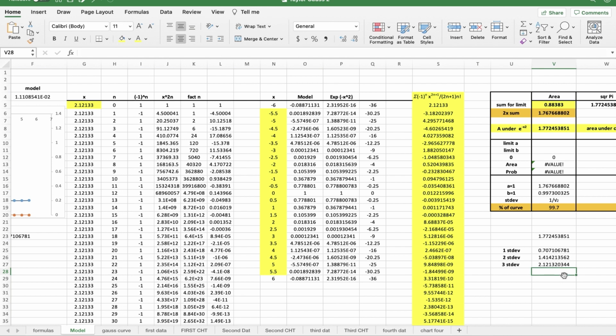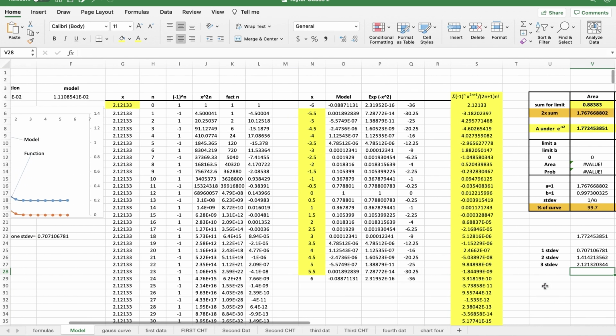Now, when x is minus 2.12 to positive 2.12, you can see that that would bring us somewhere around here, somewhere like that. That's that much of the x range under the curve.